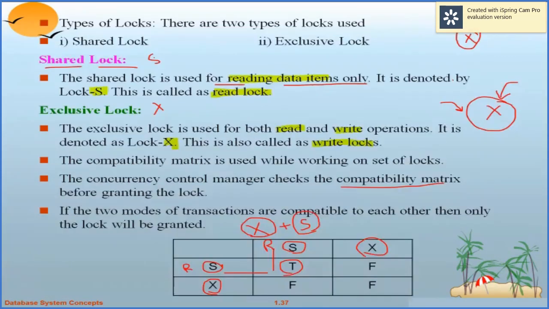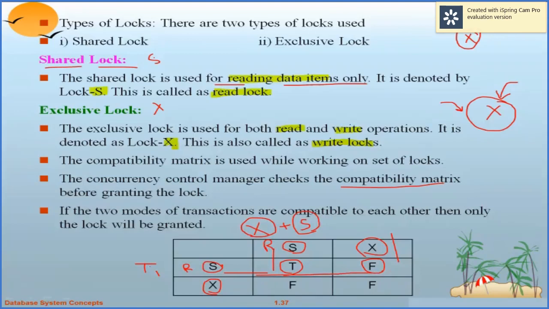You try to understand. So for example, the transaction T1 is having a shared lock. The next transaction can take a shared lock again on the same data element, but it is not going to allow an exclusive lock. You see here, the exclusive lock and shared lock combination is set to be false.